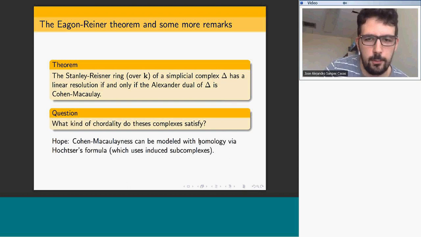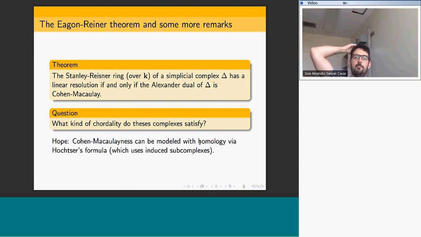For a little bit more Stanley-Reisner theory: a simplicial complex delta has a linear resolution if and only if the Alexander dual of delta, which is another simplicial complex combinatorially defined out of delta, is Cohen-Macaulay.